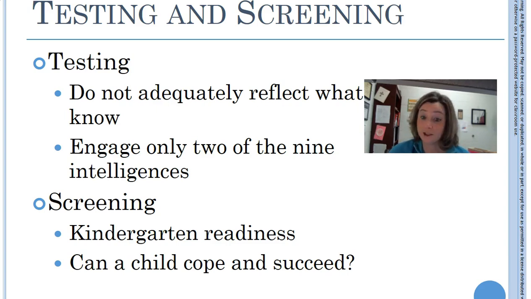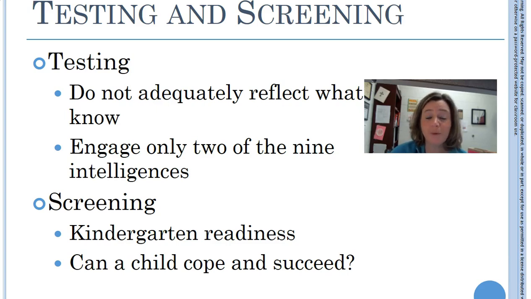I have one child who is a very good test taker, and I have another one who is a horrible test taker. And what I run into, which is what all parents run into, is that your grades are affected by how you do on these tests. But when you have teachers who are not flexible enough to allow for some variations in their assessment techniques, then you're seeing that children are being penalized simply because they're not a good test taker.